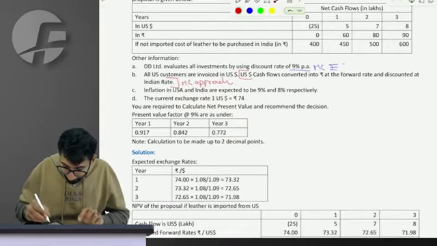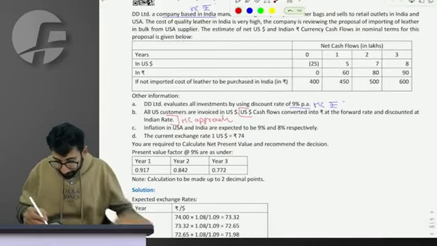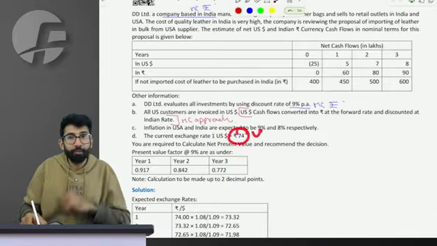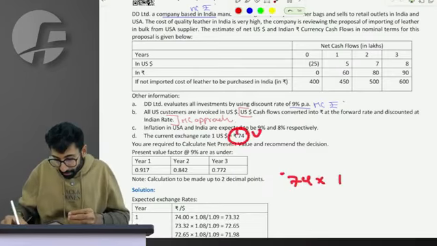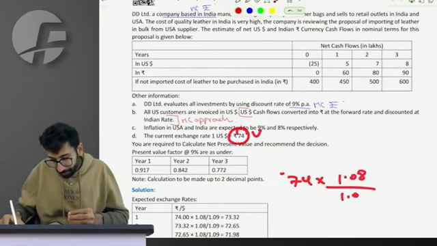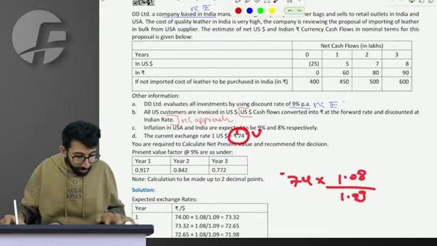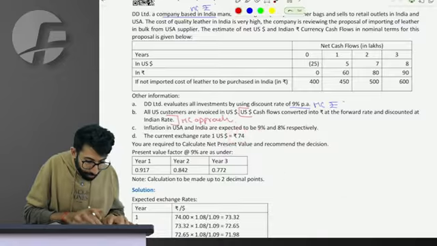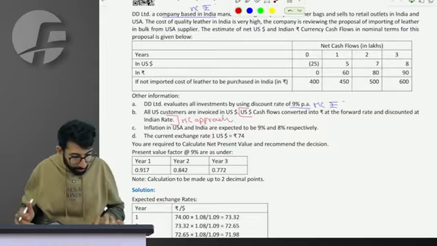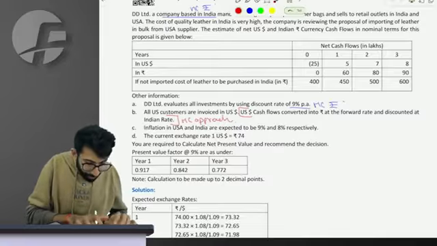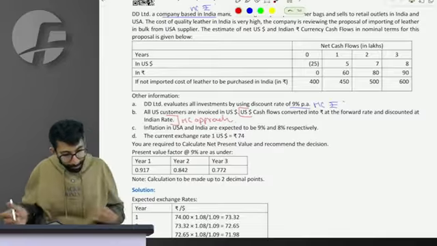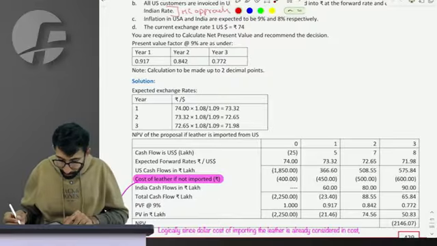India, 74 is the rupee per dollar rate. Using purchasing power parity or interest rate parity, the Indian rate of 8% will be multiplied and 9% will be divided. 74 multiplied by 1.08 divided by 1.09 is 73.32.